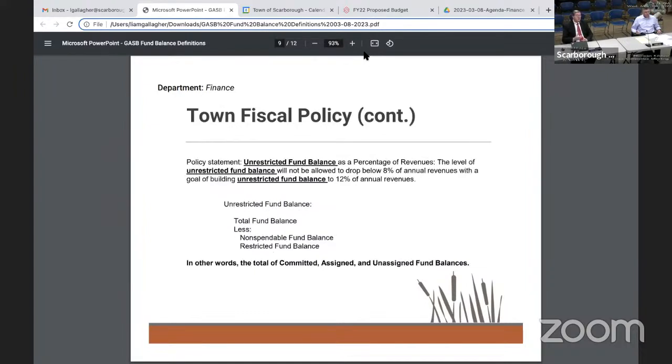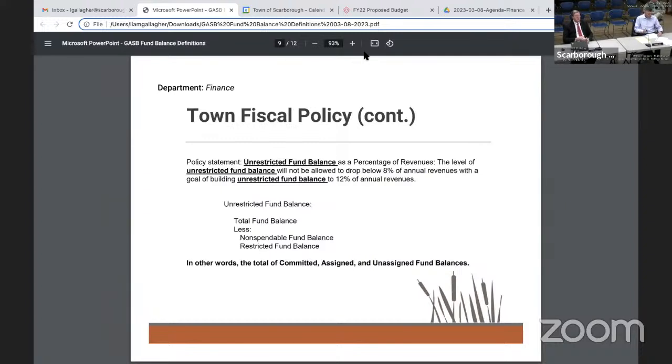We also state in our policy that our unrestricted, which is a different definition than unassigned, fund balance as a percentage of revenue. So we're going to compare our calculation here that I've gone through below. Unrestricted is the total fund balance, and then you take out non-spendable and restricted. So it's committed, assigned, unassigned.